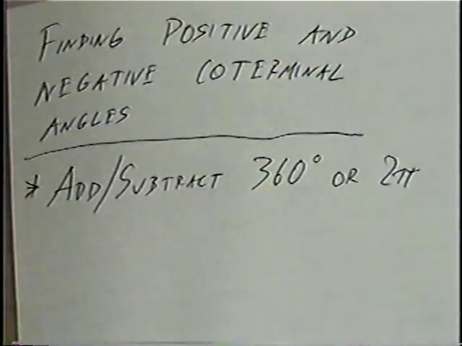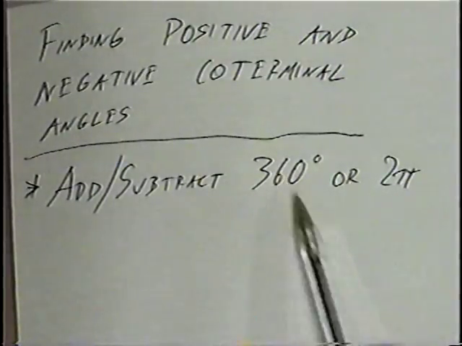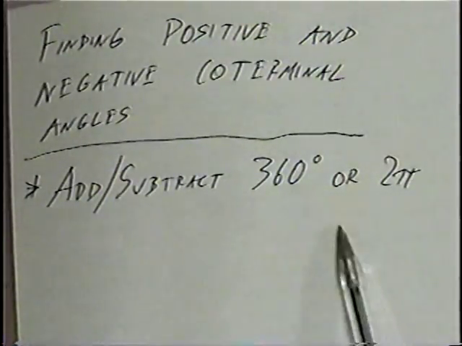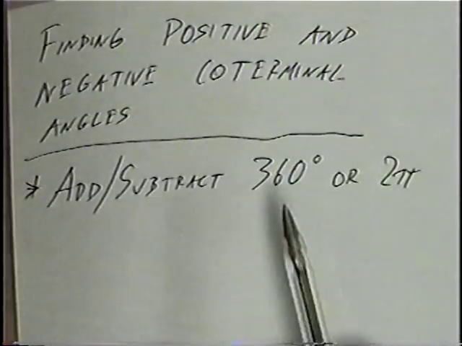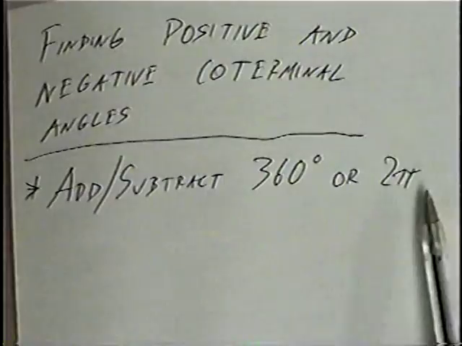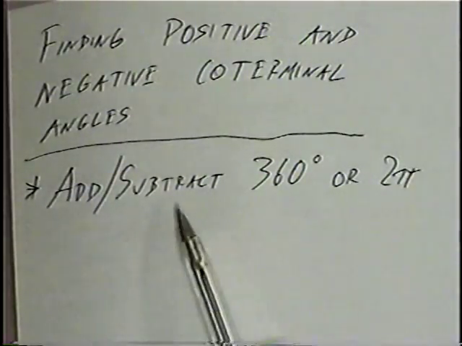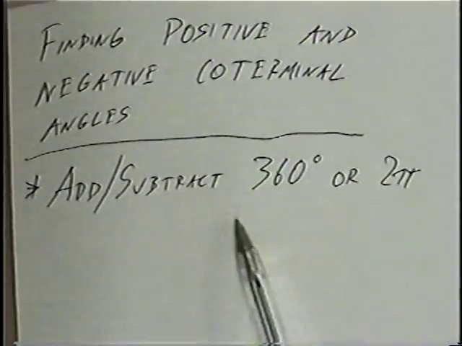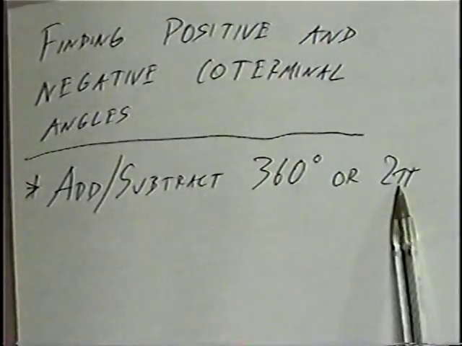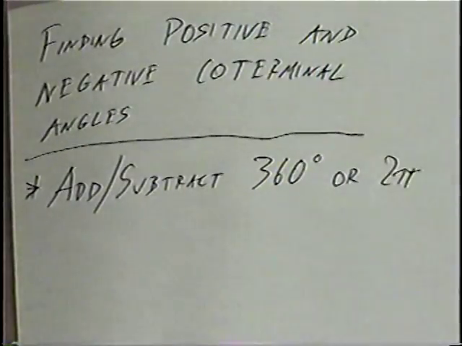Looking back at the unit circle, 360 degrees is one entire revolution, and 2 pi is also one revolution around the circle. So if you add 360 degrees, you'll end up at the same spot, or if you add 2 pi, you'll end up at the same spot on the unit circle. With subtracting, you'll go clockwise around, but again, you'll end up at the same exact spot on the unit circle, which will give us a coterminal or equal angle.